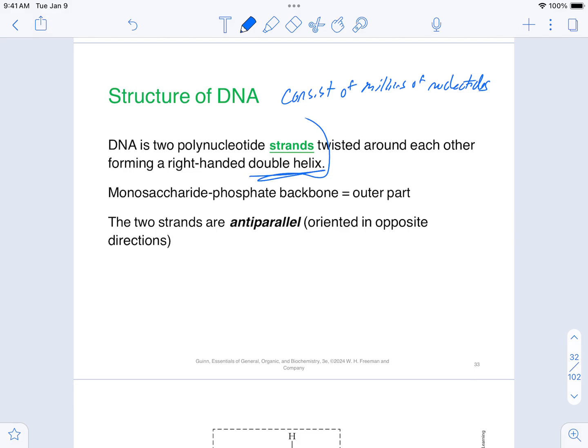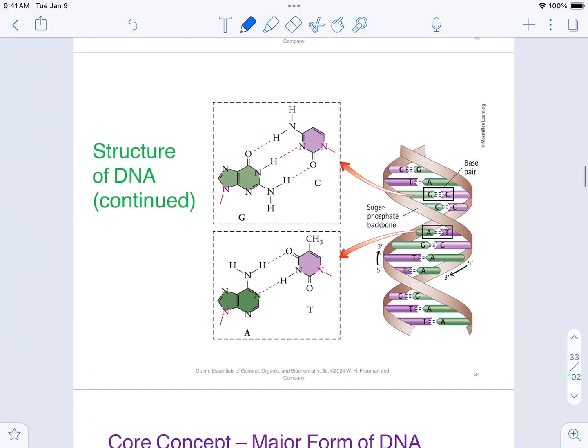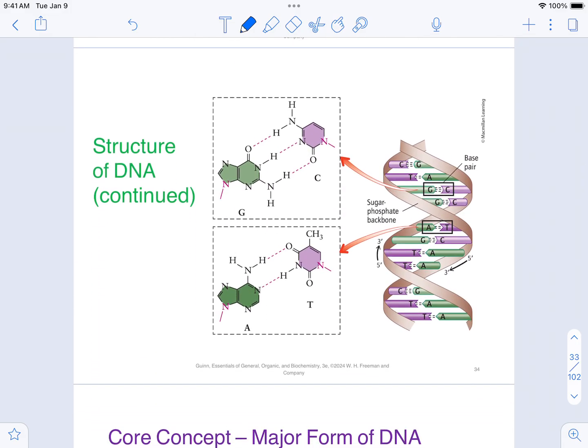And the two strands that make up this double helix, we say they're anti-parallel, which means that they are oriented oppositely. So if one is 5' to 3', the other one is oriented from 3' to 5'. And we know DNA stands for deoxyribonucleic acid.